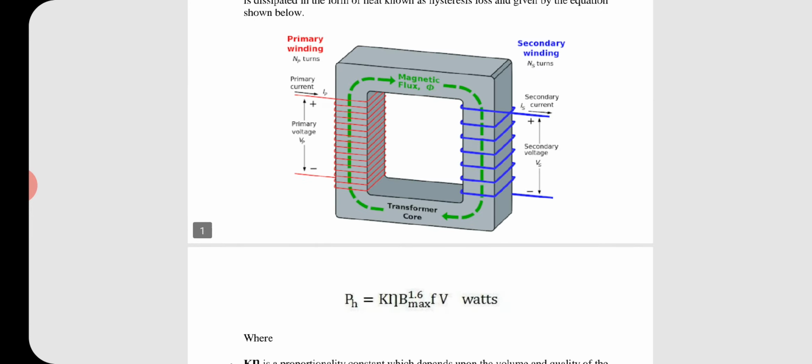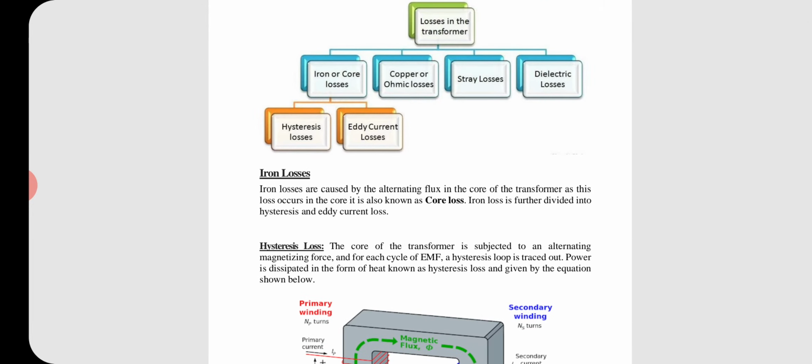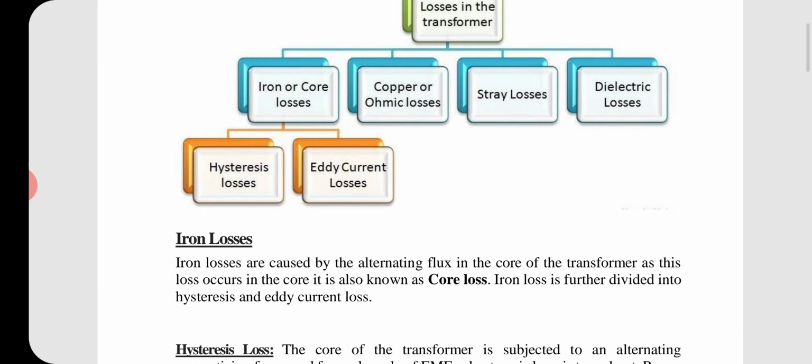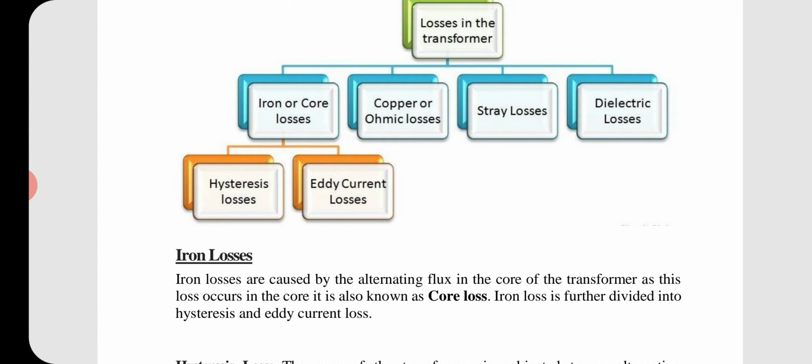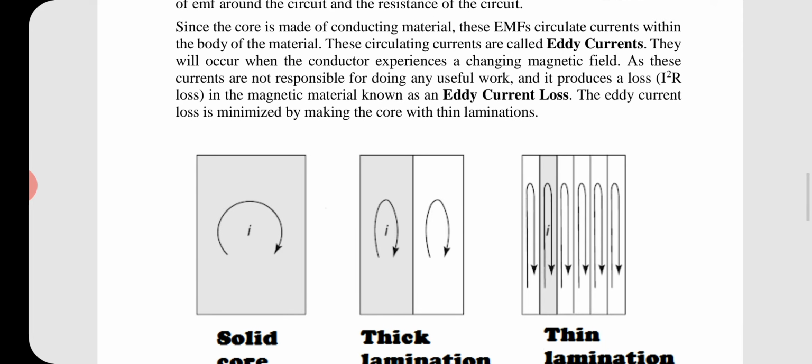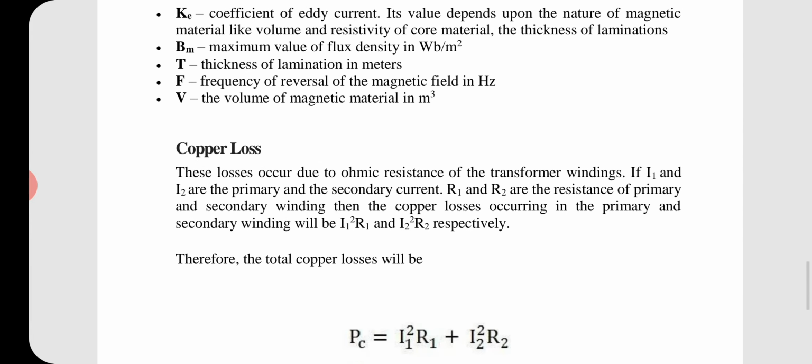The first loss, the iron loss, was a magnetic loss, because it was in the magnetic part of the transformer, in the magnetic circuit of the transformer, so we can call it a magnetic loss. But the second loss is actually an electric loss, so obviously it will happen in the electric part of the transformer.